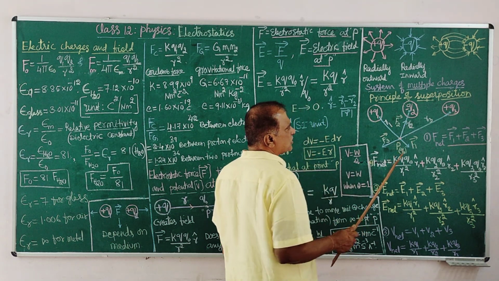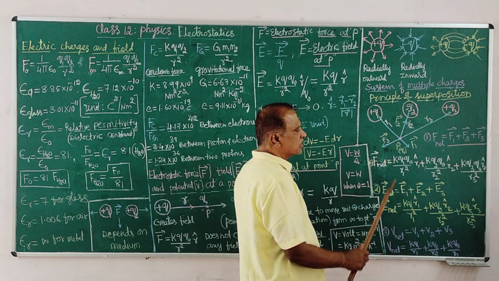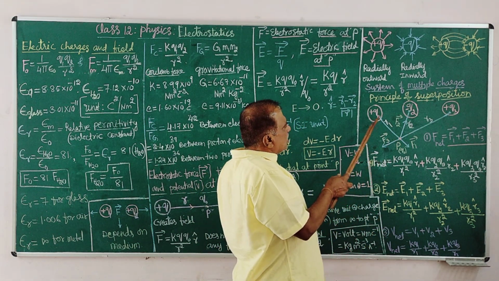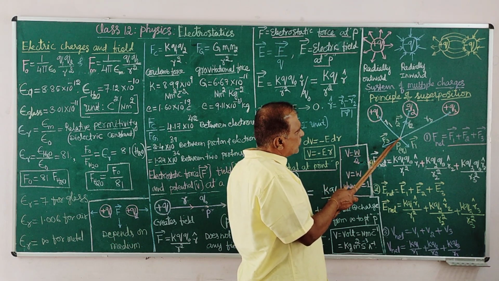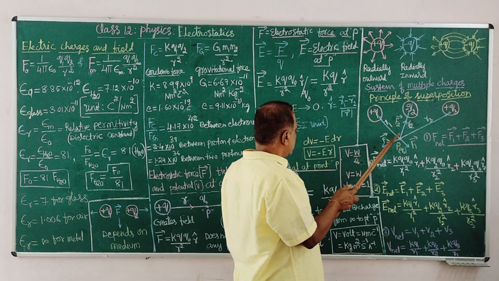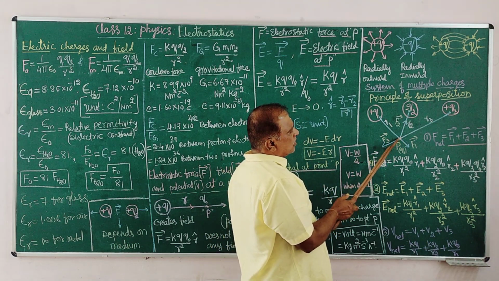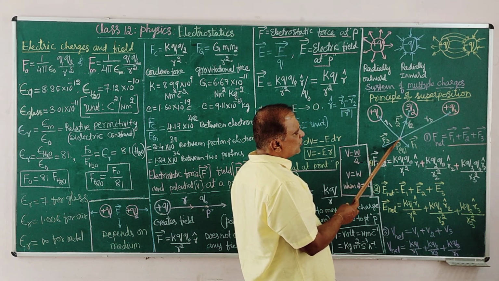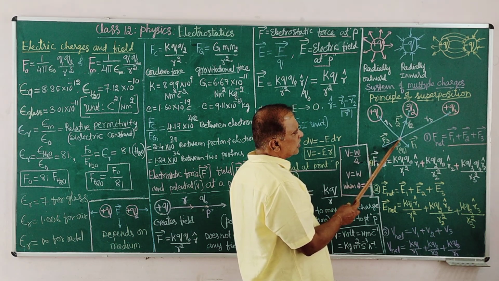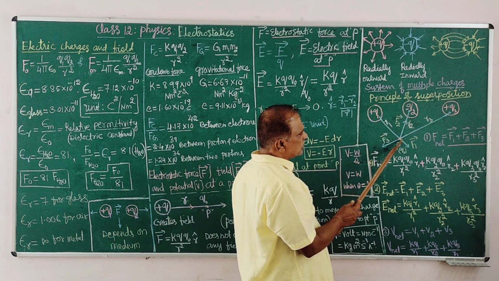So that is what we need to understand. The same concept is extended to this. What is the concept? What the charge experiences at this point is the same in accordance with this. The magnitude of the quantity, whether force, field or potential at this point by this charge, is because of this charge.